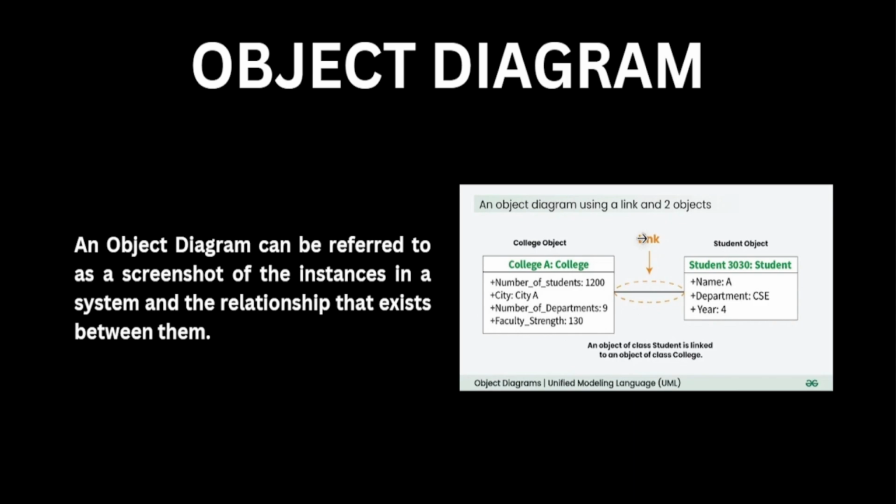And then object diagram, object diagram can be referred to as a screenshot of the instances in a system and the relationship that exists between them. Like yung mga kunwari dun sa class, pag sineparate mo yung class, yun yung mga object katulad dito.